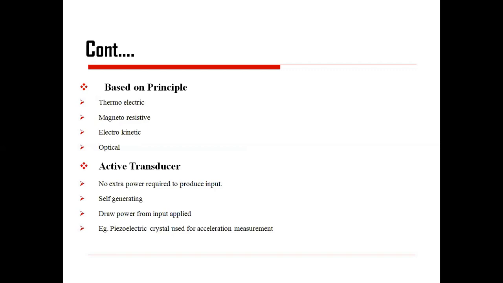Now, active transducer and passive transducer. What is active? We commonly say he is active, he is active. At that time, the question comes: what is the meaning of active?